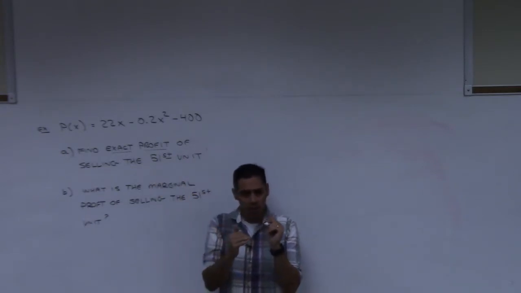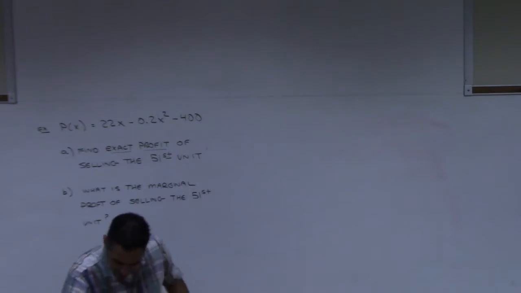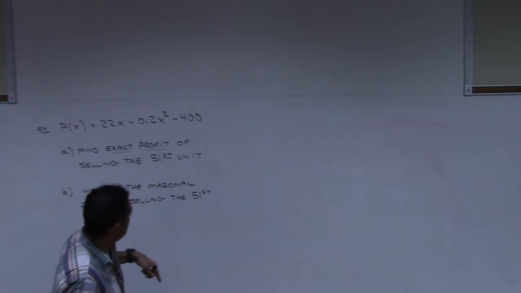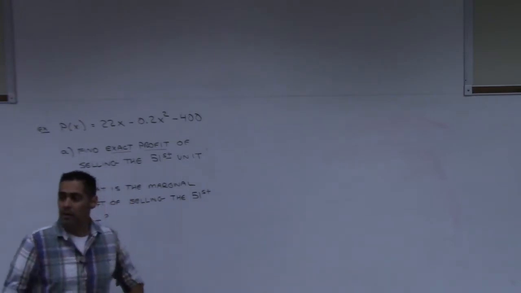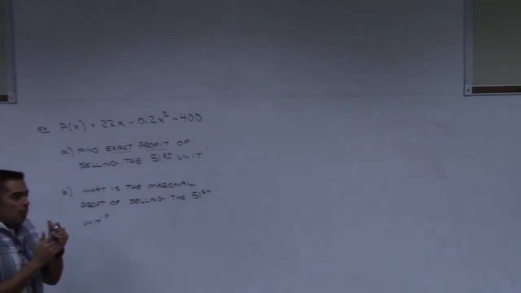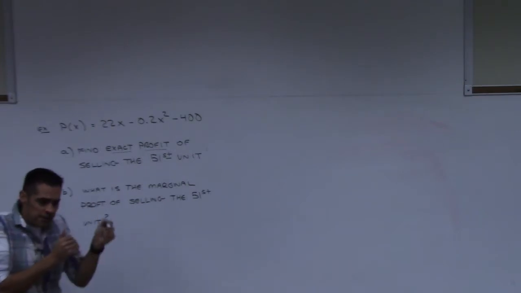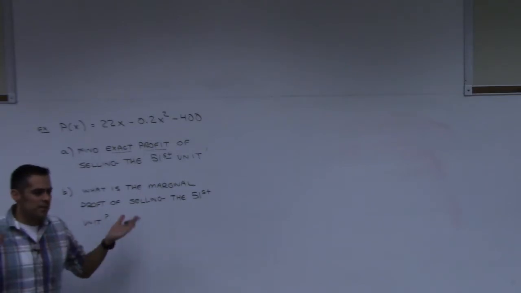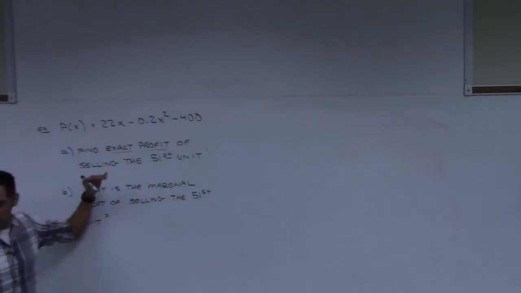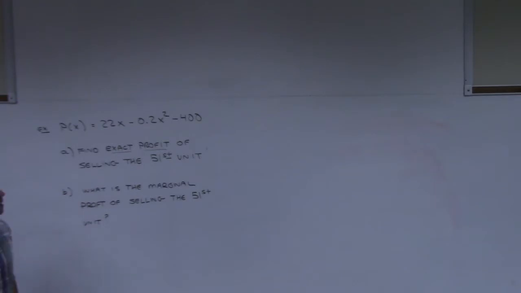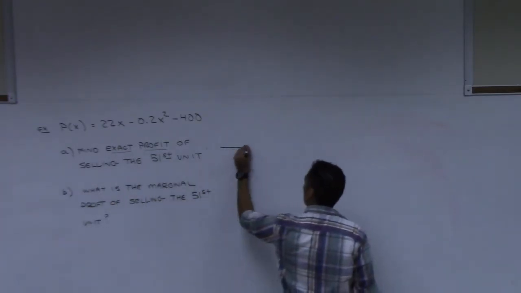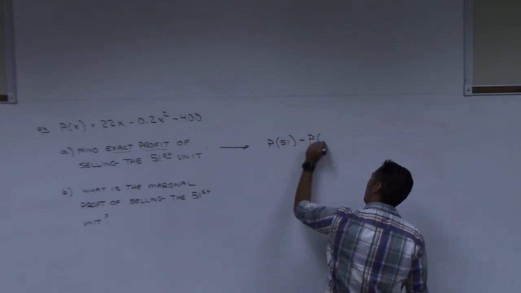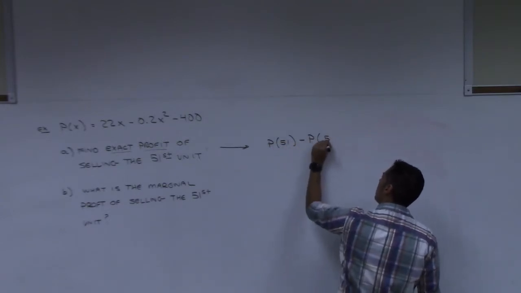So they're telling you in the wording, I'm reading it exactly the way it says here. Find the exact profit from the sale of the, well, they used 41st, but I'm going to do 51st calendar. So we're trying to figure out what is the exact profit from the sale of that 51st one. It's not saying how much do you profit by selling 51 calendars. Can you see that in the wording, because it's a little tricky? Okay. So we want to do here the profit at 51 minus the profit at what? 50. Okay?